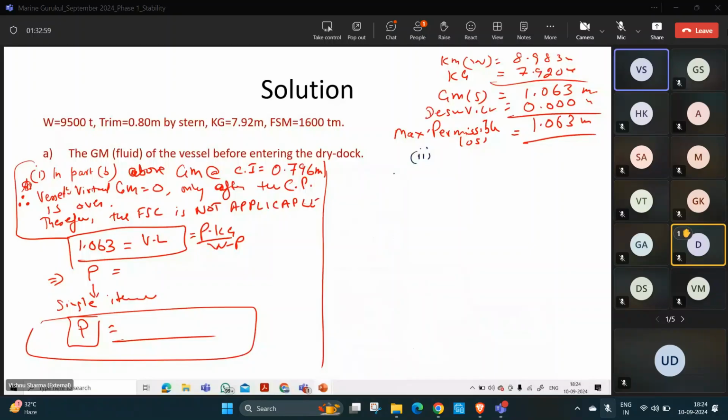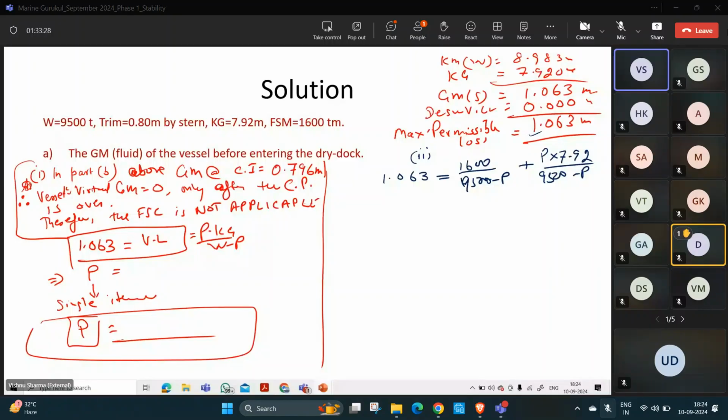The virtual loss, maximum permissible loss is 1.063. 1.063 is on account of FSC, that is FSM upon W minus P, plus P into KG upon W minus P. And I don't give any reference to the first part. I just ignore that previous part.